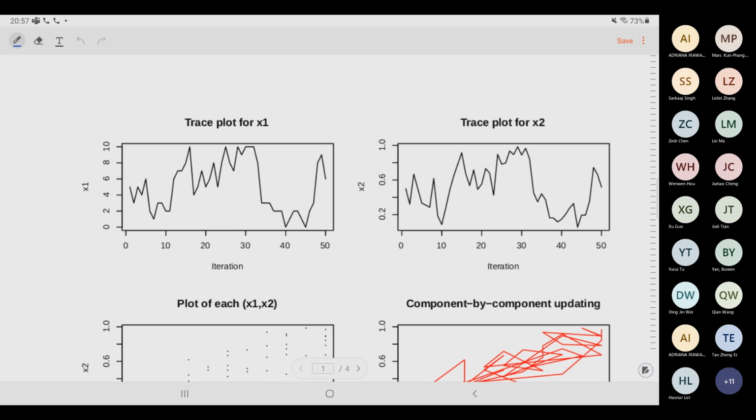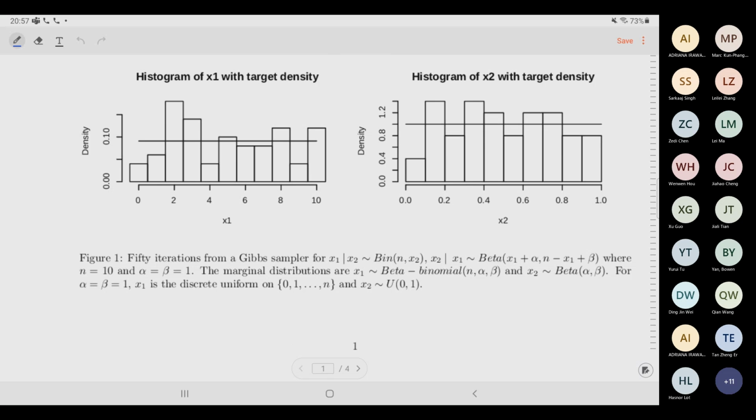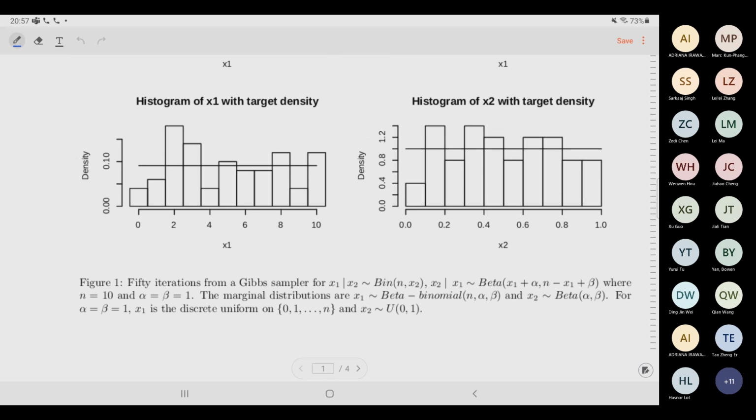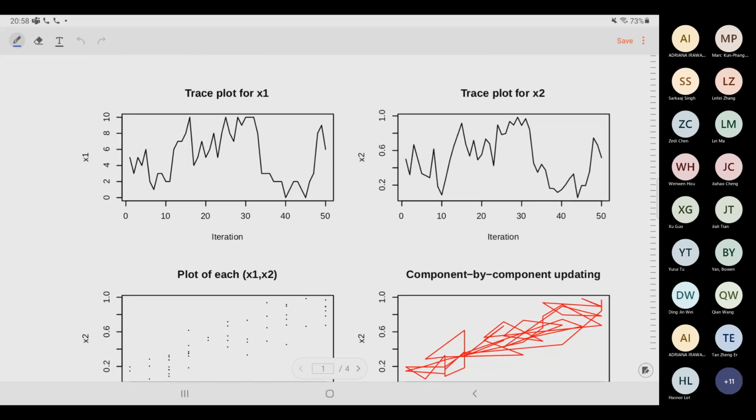Okay, so here instead of theta, they're using x, so we have x1 and x2, right? So then x1 is actually your theta 1 and x2 is your theta 2. Okay, and then you can see that if you're looking at 50 iterations for x1 and x2, the values of x1 are discrete because it's binomial, and the values of x2, which is beta, are between 0 and 1.